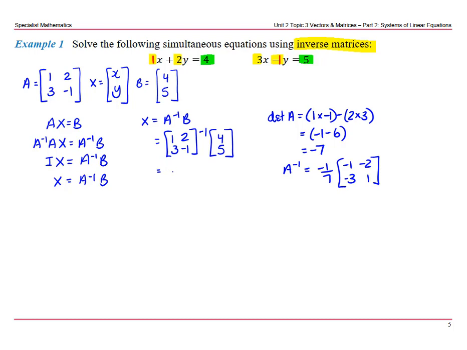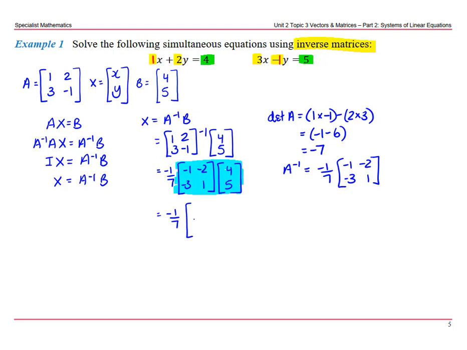So come back, we have negative 1 over 7, negative 1, negative 2, negative 3, 1 times 4, 5. Now, if you are doing this by hand, do this first. Worry about the negative 1 over 7 last. Now, I am going to do this by hand.